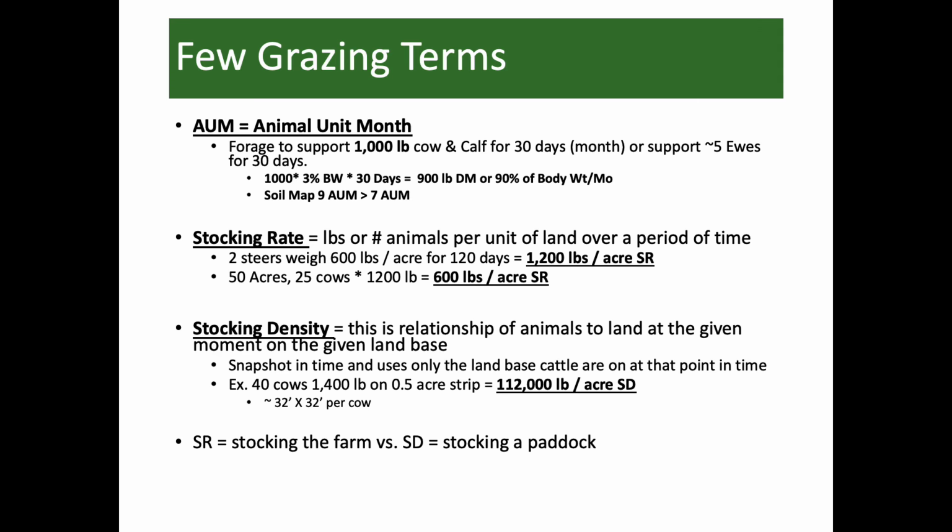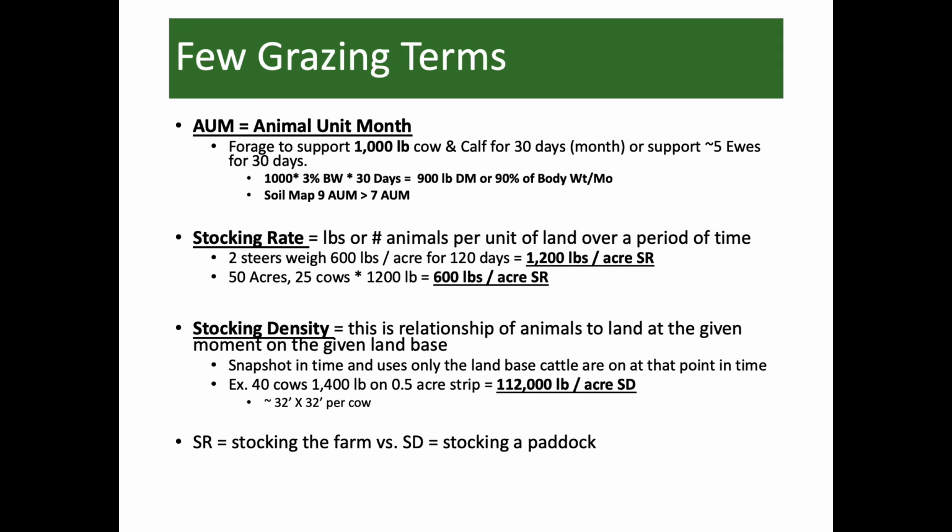Stocking rate is the pounds or numbers of animals that we can run on a unit of land over a given time. So if we've got 2 steers that weigh 600 pounds, and we're trying to run them for 120 days, that's 1,200 pounds per acre. 600 times 2, 1,200 pounds per acre is our stocking rate.